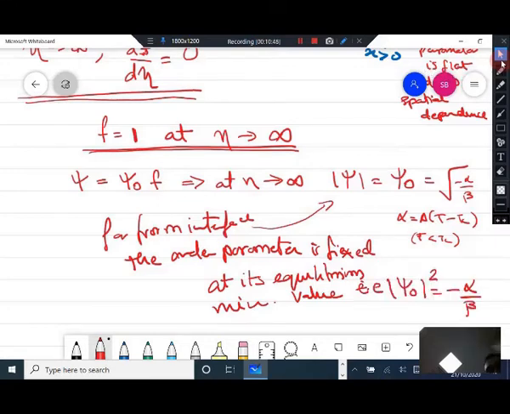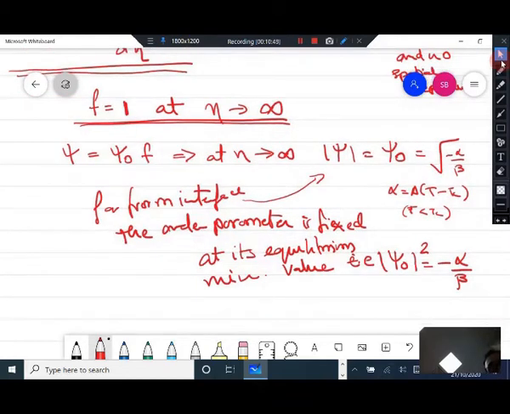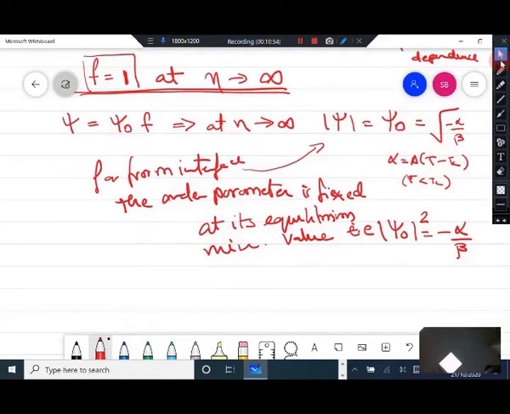So f is equal to 1 far away from the interface. Then the wave function or the order parameter is fixed at its minimum equilibrated value, which is minus alpha by beta.